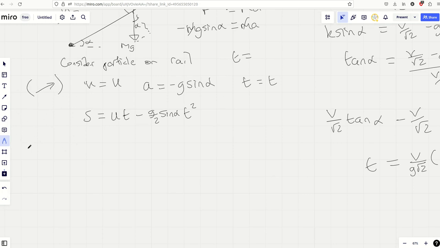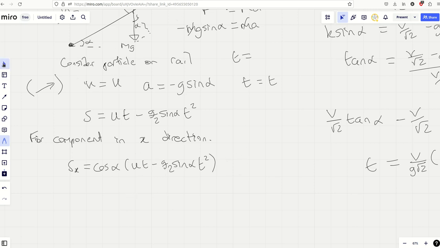If I wanted to just find the component in the x direction, because it's also an angle of alpha, let's just multiply it by cos alpha. Then the x direction, s x if you like, is cos alpha times ut minus g over 2 sine alpha t squared, yeah? That's how far this has gone in the x direction for the rail.